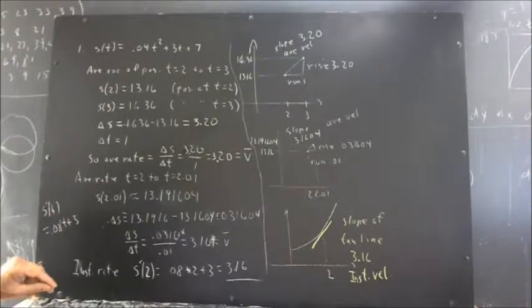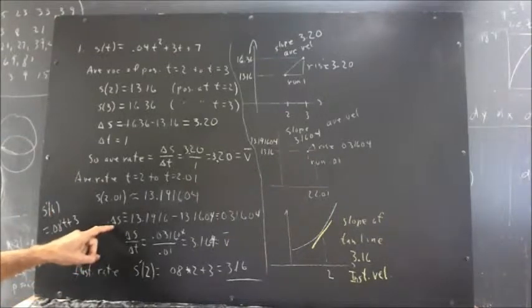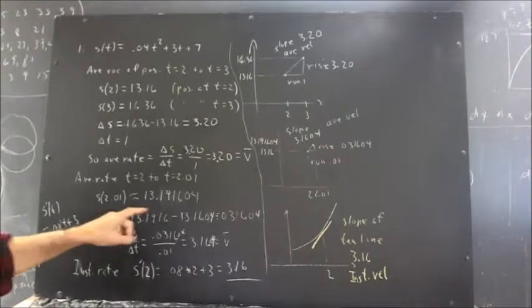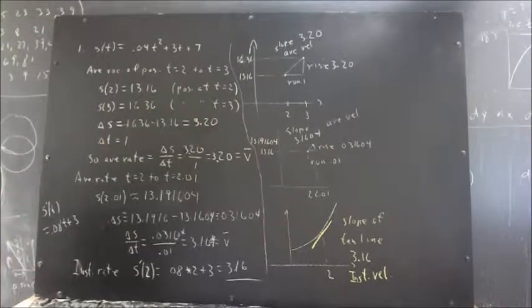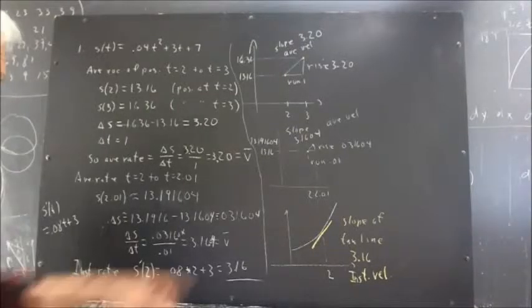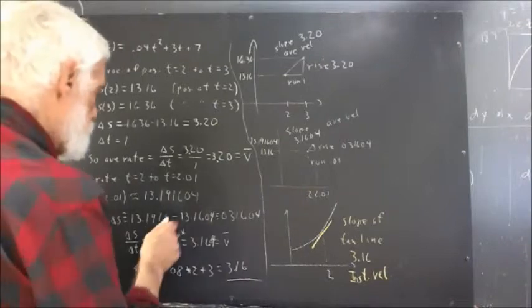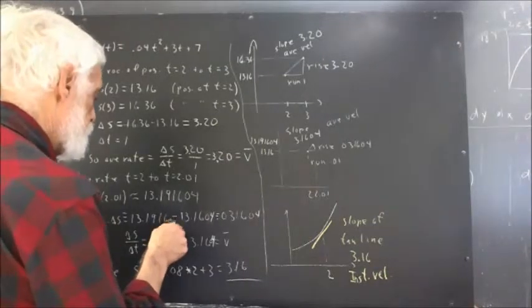Okay, so our change in position there is about what? It's about 3.1916. I left off the 04, but since I then included it in this calculation, I probably should have, so let me sneak it in there.